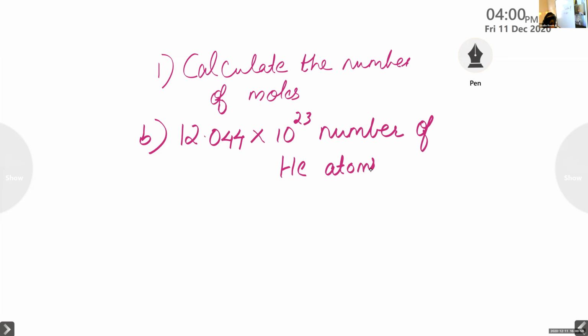Helium atoms. Here, which equation can be used? First equation or second equation? Second equation, right? Then what's the second equation, Sania?